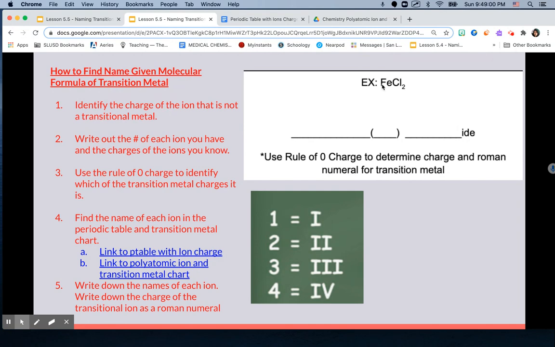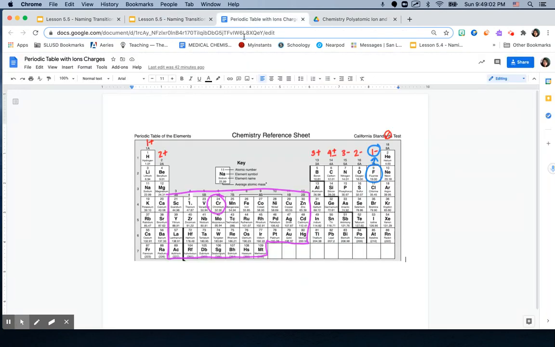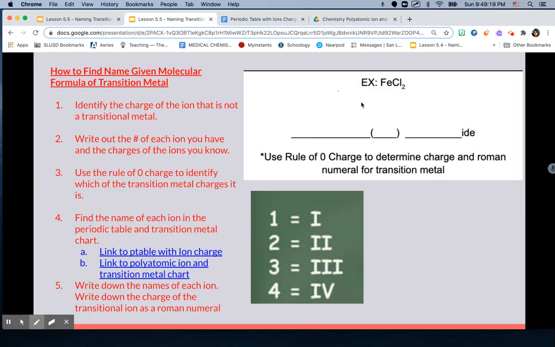So if I look up Fe on the periodic table, and scan across looking for Fe, I'm going to notice that Fe is right here. It's in the box where the transition metals are, and there's no charge. So I don't know the charge of Fe. Just know that it's Fe, the charge is something.